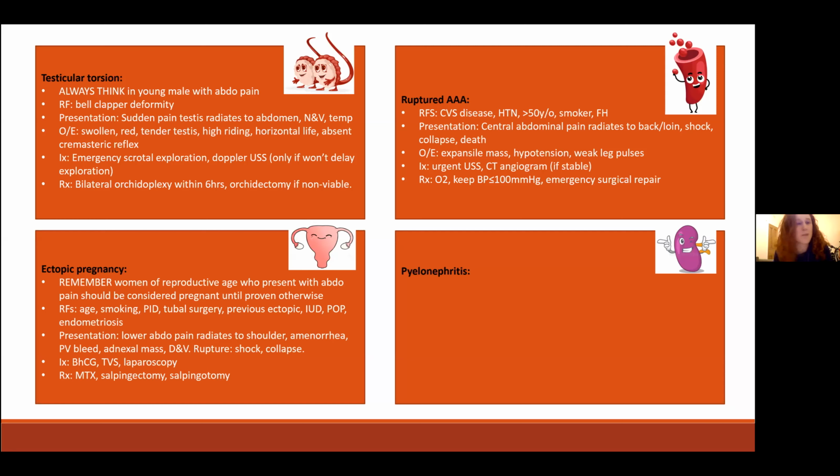How does this present? Flank pain, fever, renal angle tenderness, burning on micturition. Yeah, okay, good. And then what investigations would you do?